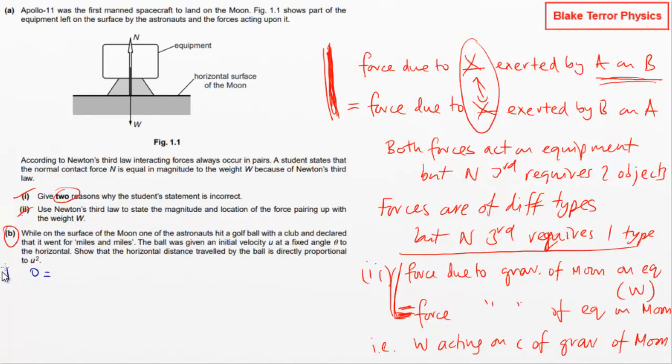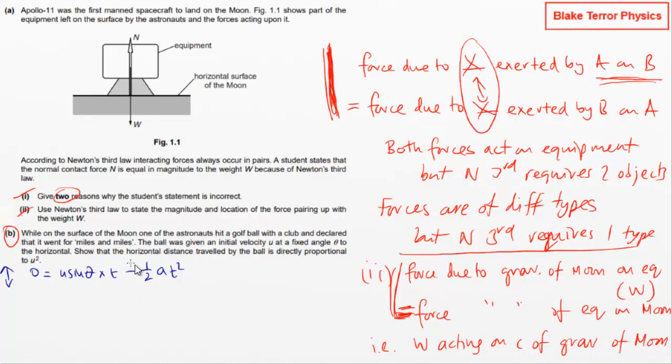So we've got u sine theta multiplied by t, which we're going to cancel in a minute, minus a half at squared.